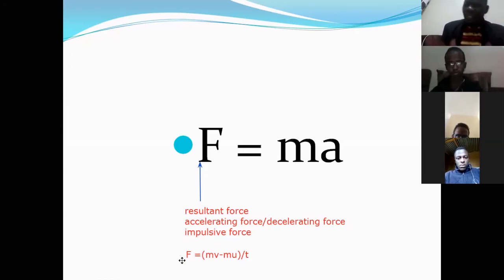So as the ball hits your foot, you withdraw the foot so that the time of impact is prolonged. There, the impulsive force will be less, so you will not feel the pain. But if you stop the ball instantly, that means you have not withdrawn the foot. The ball will go back, but you'll feel some pain because the time of impact was too short.